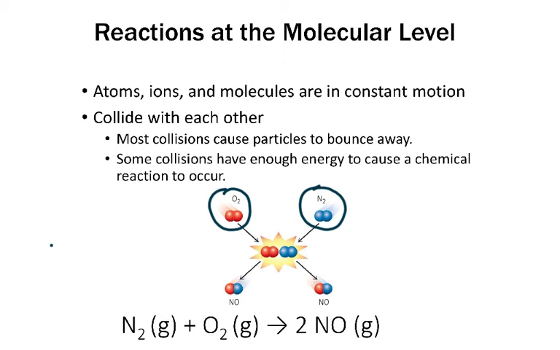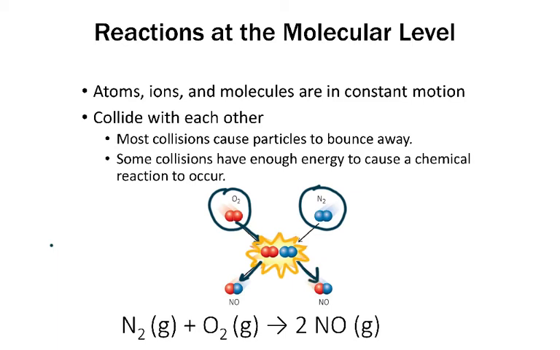So at some point, let's say these two will collide, as evidenced here by the big starburst, which indicates there's energy involved here. We all know that from comic books and shows. So it's like boom, an energetic collision, and what comes out on the other side is two NO molecules.